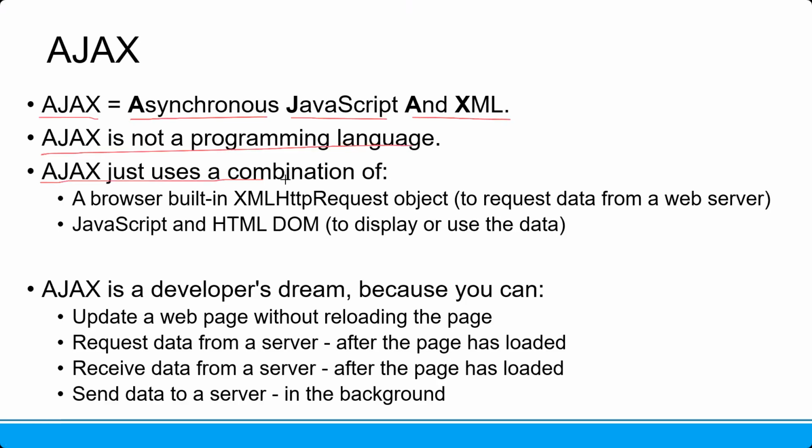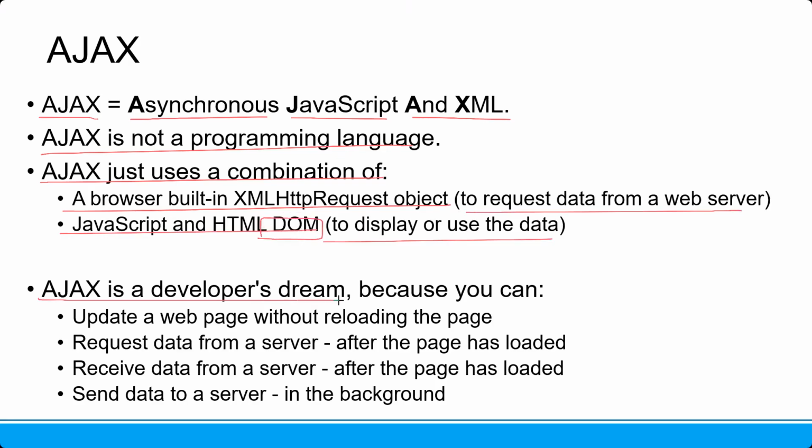Ajax just uses a combination of the browser's built-in XML HTTP request, to request data from a web server, and JavaScript and the HTML DOM. You already know the DOM is the document object model. It is used to display or use the data.